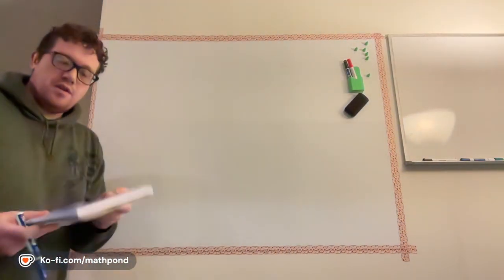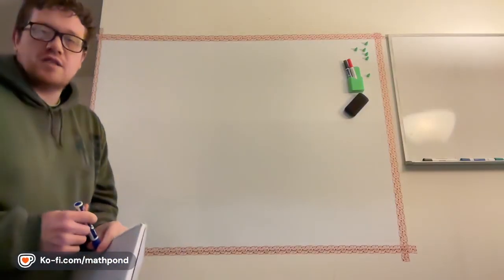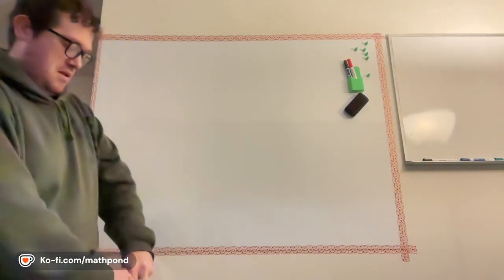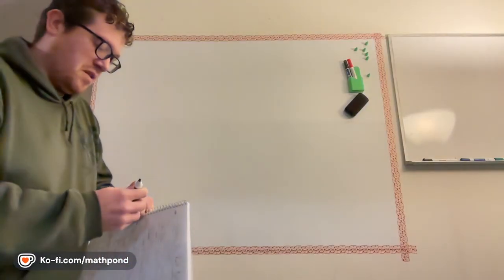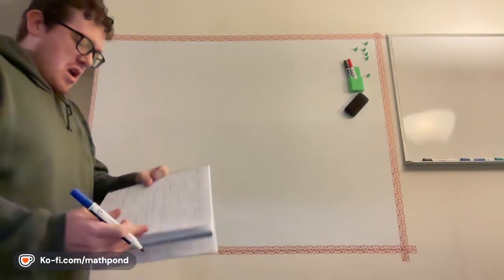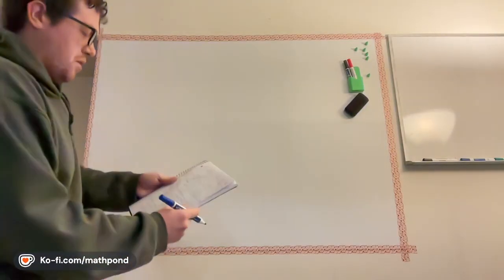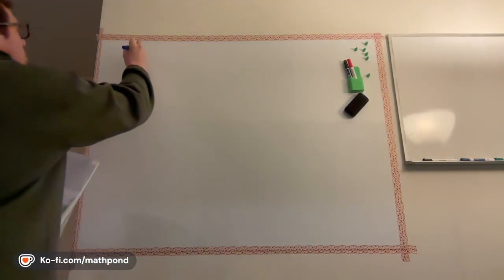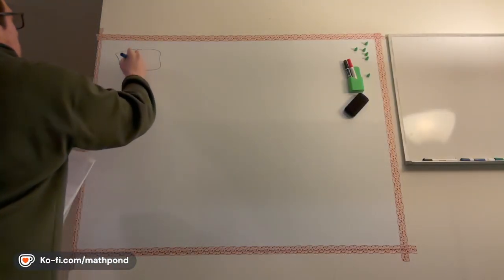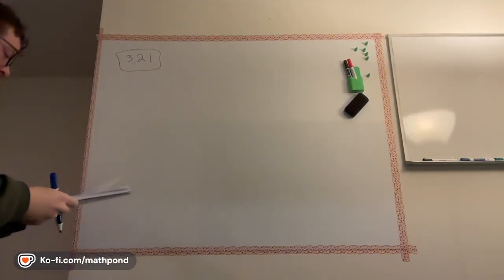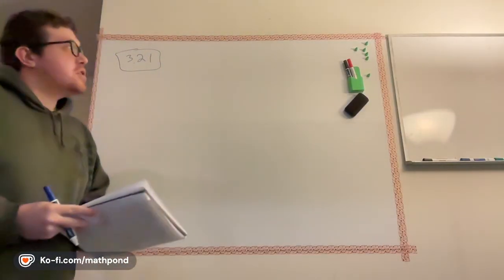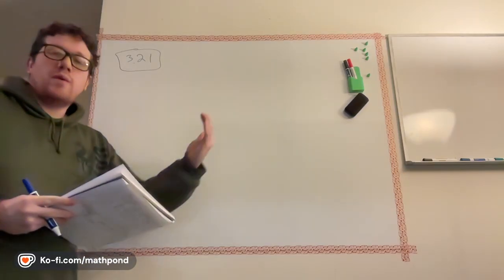Okay, so this is 3.21. I'm still in Axler, so we haven't gotten to matrices yet. Okay, so this is 3.21. And actually, I'm going to split this into two different ways of thinking about it.